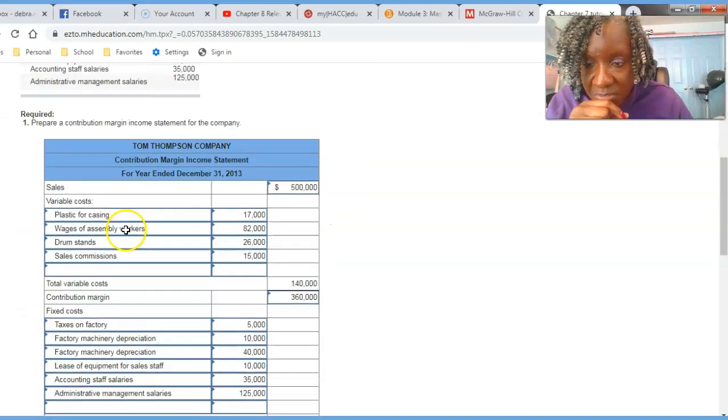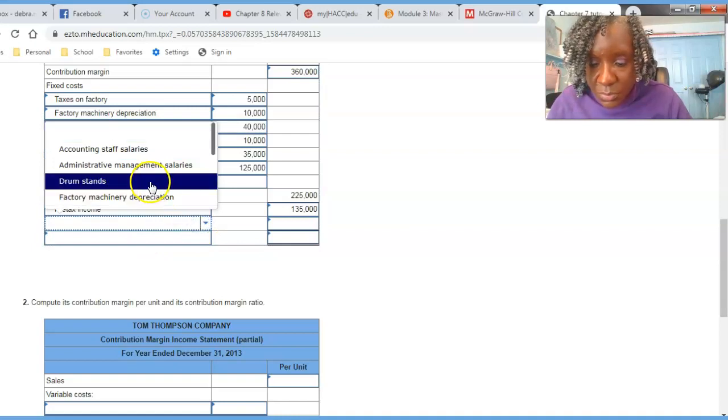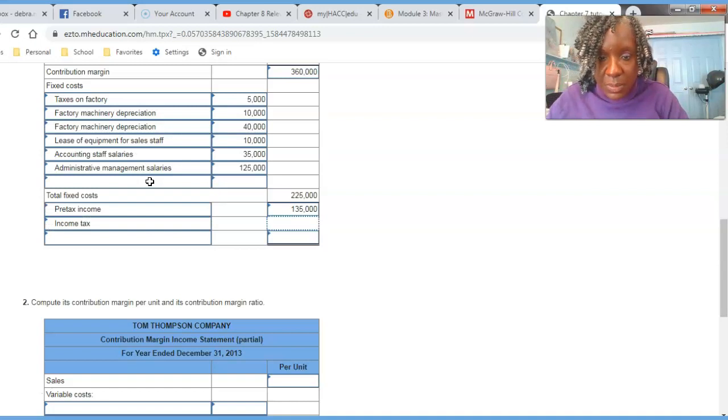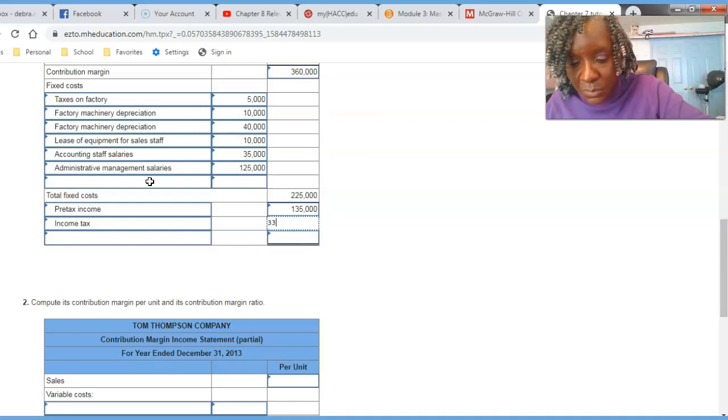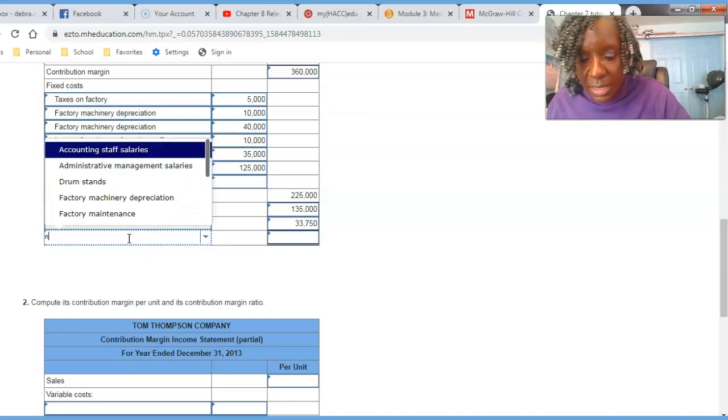Now we have to consider our income tax, and I think it tells us here, income tax is 25%. So we're going to put income tax here. And I'm going to multiply the 135,000 times the 25% to come up with 33,750. And now we can say this is, in fact, our net income.